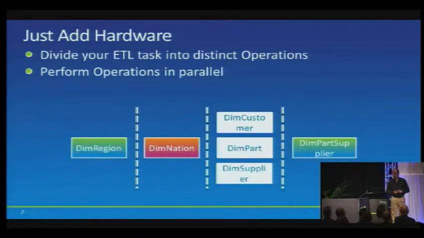So that is an example. This is where you're grouping distinct operations, and it depends on your application. So, for example, maybe you need to process the region on its own first, then the nation, then you can process these three in parallel, and then the other one at the end. So going through your business logic and establishing those boundaries across operations will help you to drive those parallel operations.